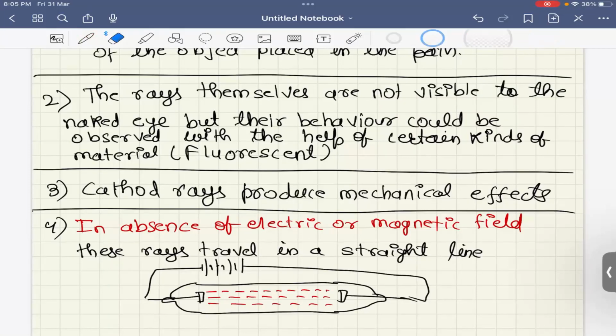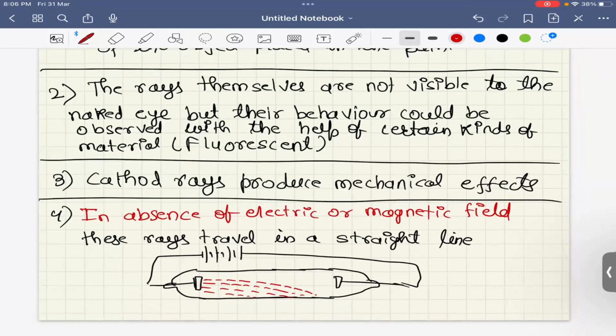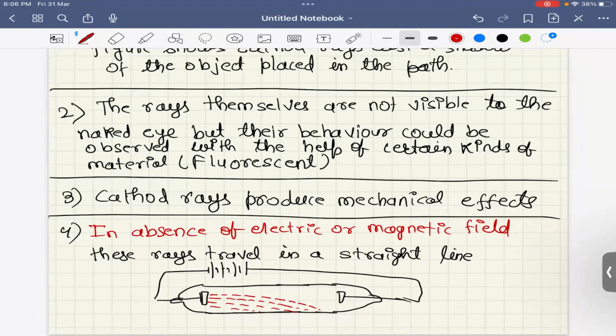However, when there is, let's say, an electric field, we can see that the rays are deflected in a certain direction, and the direction of deflection depends on the electric field. Let's say the electric field is like this, right? These rays go like this. Depending on the electric and magnetic field, the rays go like this, right? This was the fourth observation.